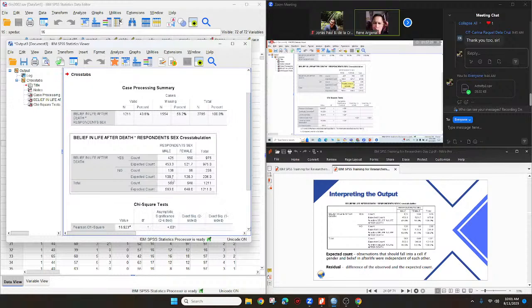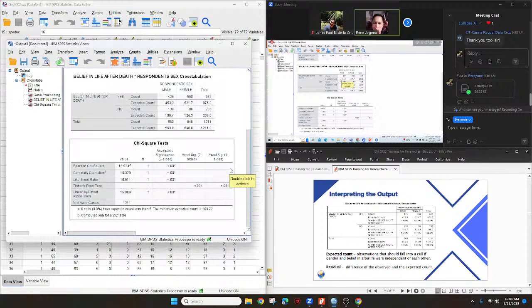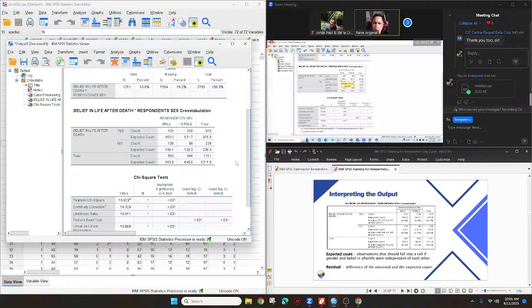But in testing the significance, we check whether there is a discrepancy between the expected and the actual count. So you notice that the difference here is more or less 28, no? The difference here is also 28.